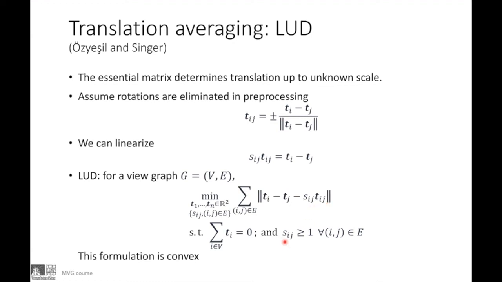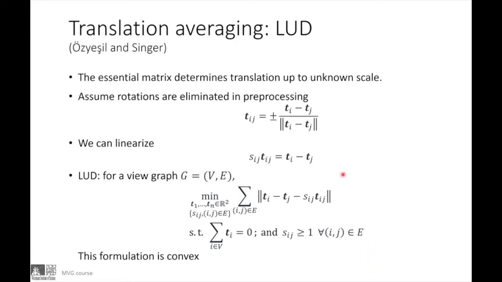I do that by requiring Sij to be greater or equal 1. Now, when I do that, I have to determine the sign here. And so this is what I do: I'm using feature points to determine the sign. You studied that when you studied the decomposition of essential matrices. I hope you remember.